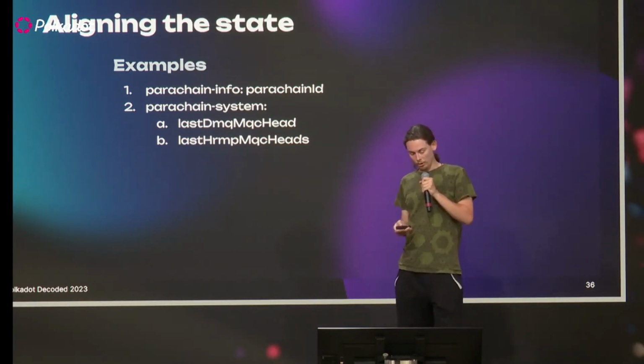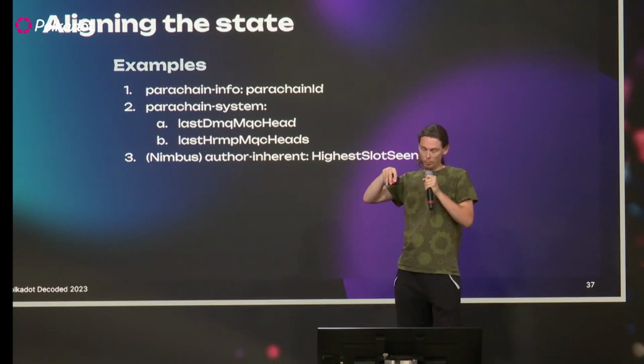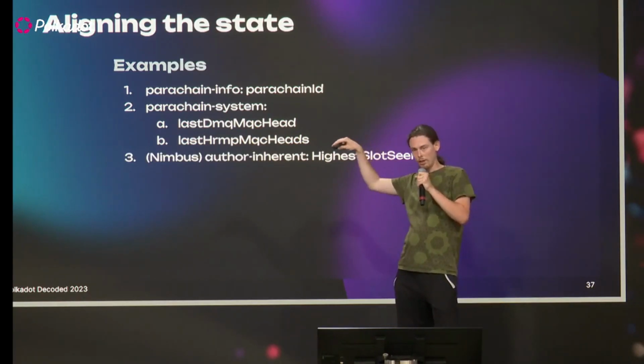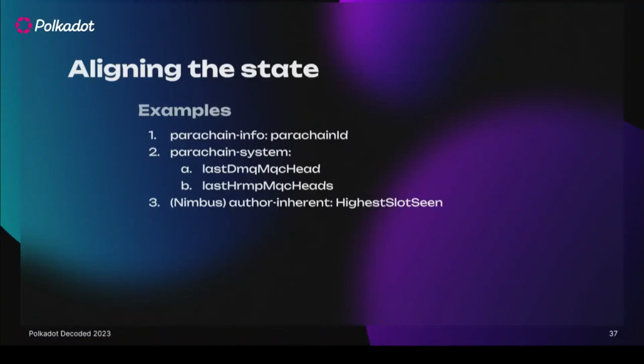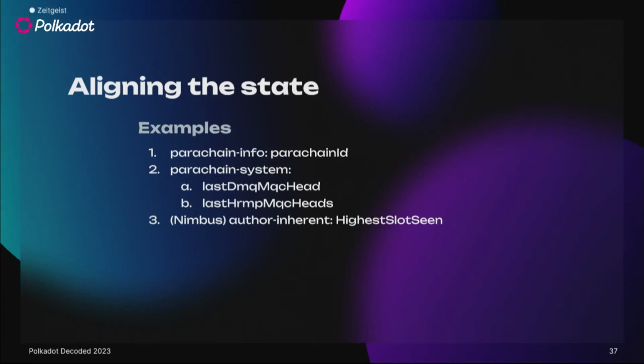So you have to adjust those values on the source parachain to match the context of the target relay chain. And in case you use auto-inherent or Nimbus, you also have to adjust the highest slot seen. But those are some values that you always have to change, except in the case of Nimbus, of course, you have to use auto-inherent.